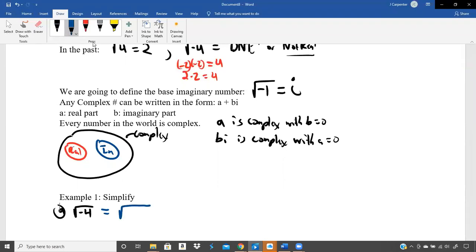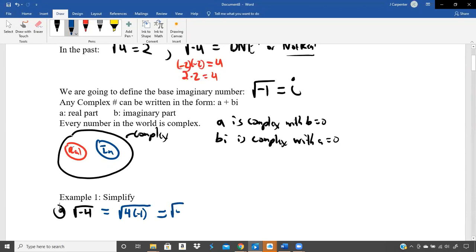And ultimately, you probably won't have to do this, but here's what I get most students to do at the start of this concept. Write -4 as 4 times -1. Because we know the square root of 4, and we now know what the square root of -1 is. We chose to define it as this guy right here.